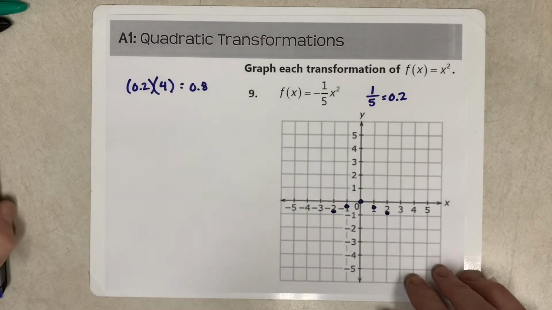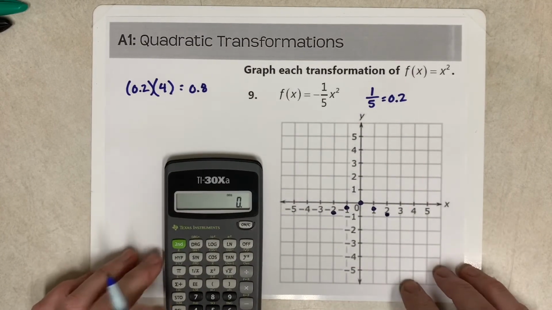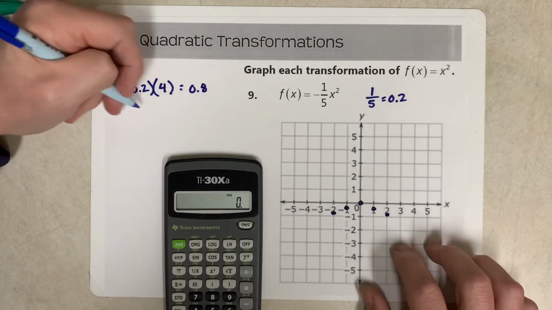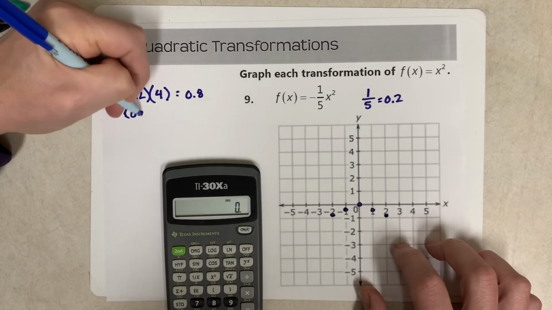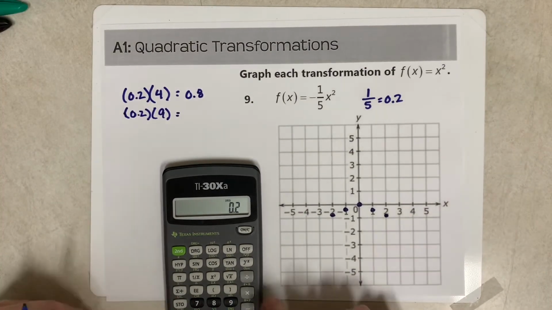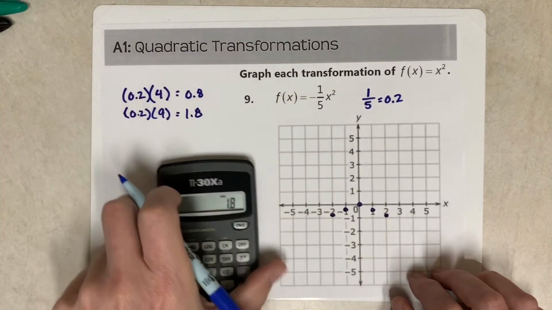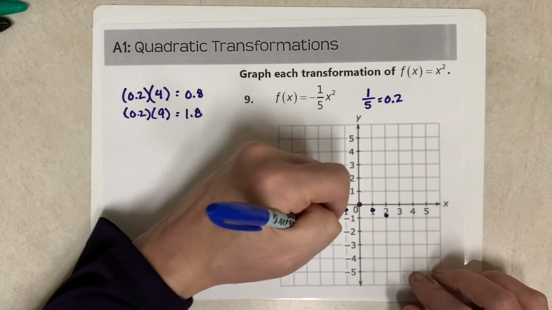And so now let's do 3. So it used to be over 3, down 9, but now we're going to do 0.2 times 9. So 0.2 times 9 is 1.8. So over 3, down 1.8.